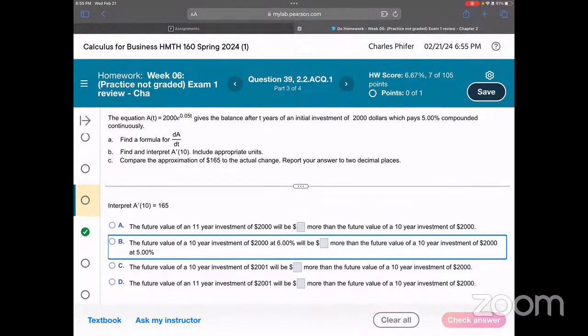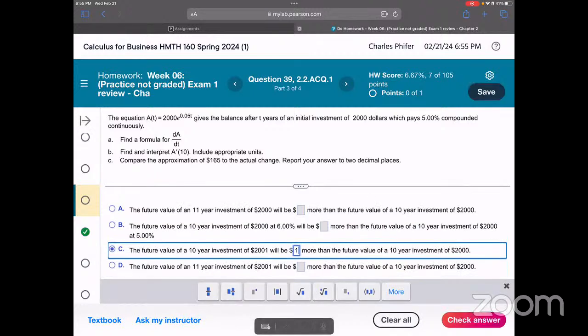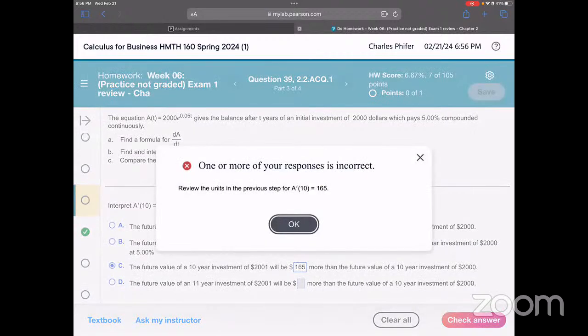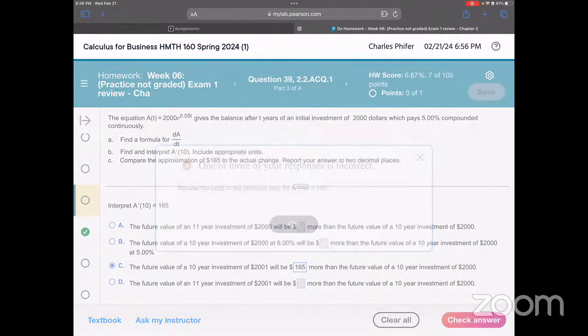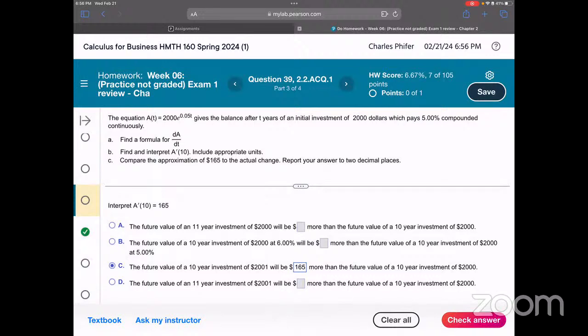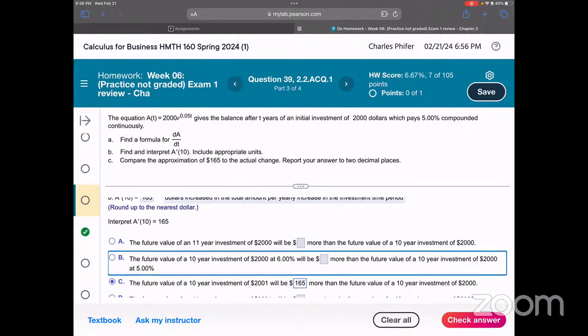So we're going to go C, and that result's going to be 165.